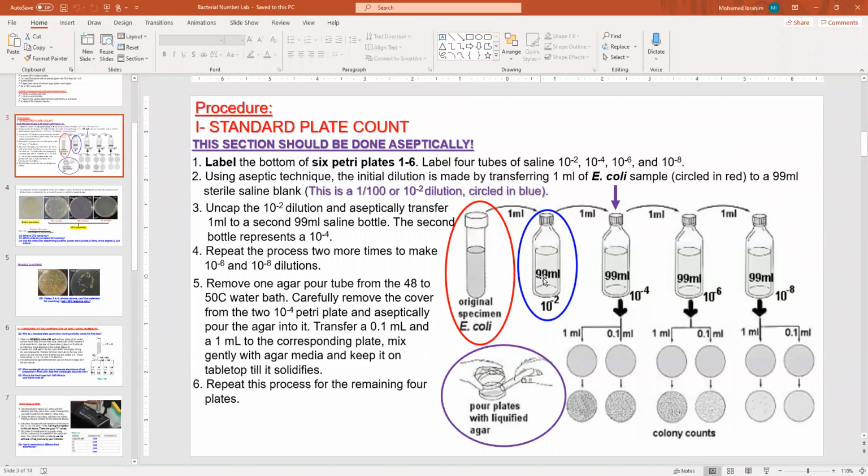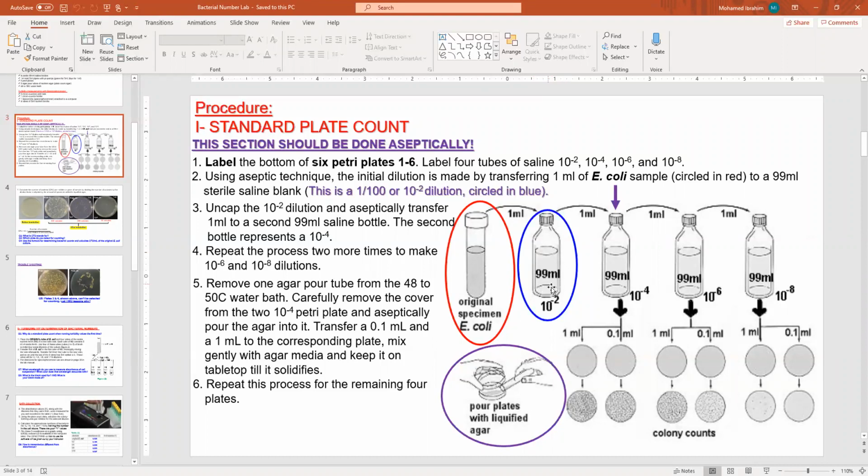So you go through a serial dilution, as you can tell. And in this case, I'm having bottles, each one has 99 ml of a buffer, saline solution, broth media, whatever, okay? And then when I'm moving, say, 1 ml from the original culture to the first bottle, 99 ml, the dilution factor in this bottle will be 1 to 100.